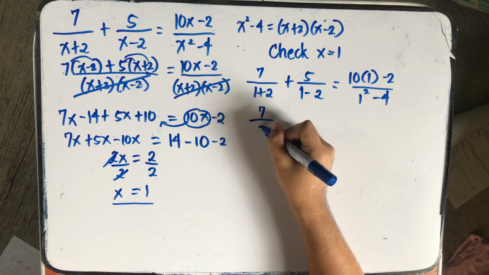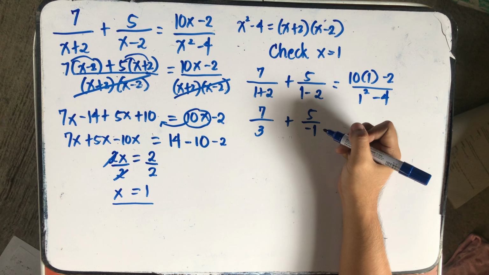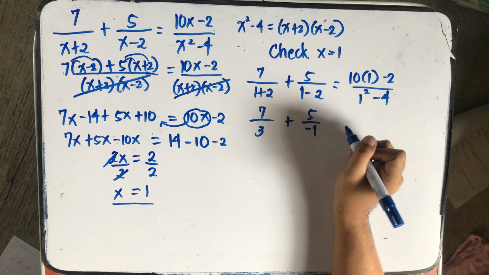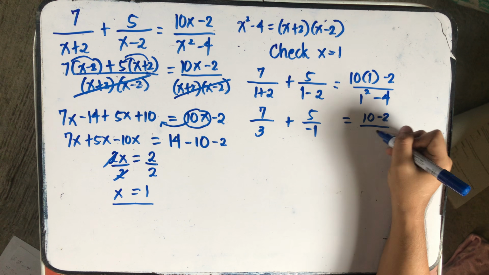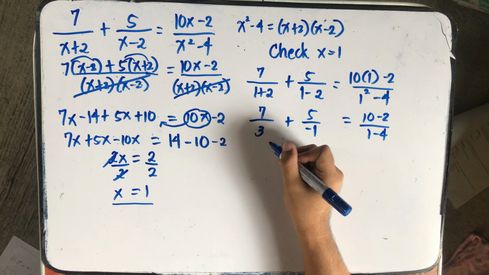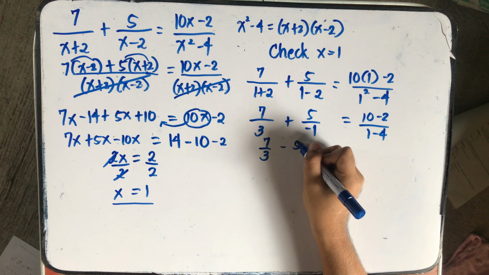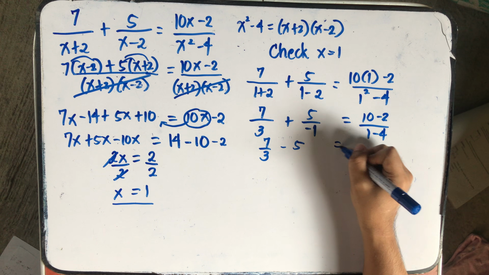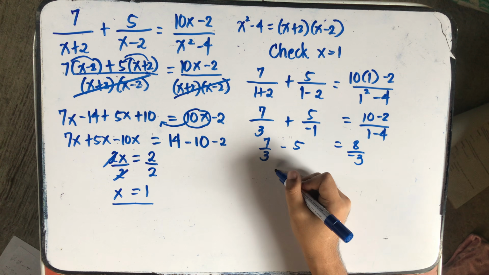Simplifying, that is 7 over 3 plus 5 over negative 1, okay, is now equal to 10 minus 2 over 1 minus 4. We'll be having 7 over 3 minus 5 is now equal to 8 over negative 3.